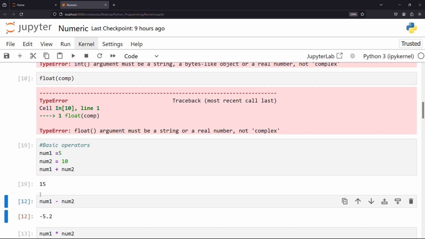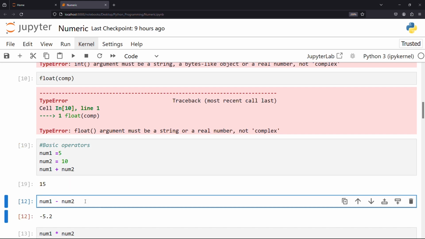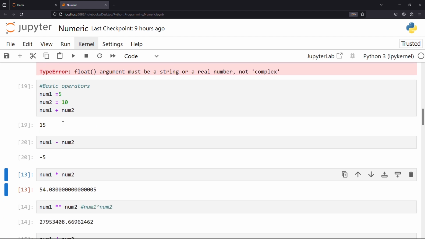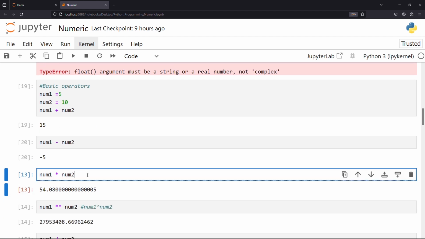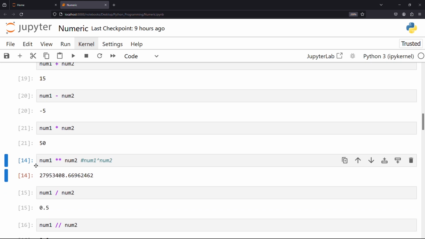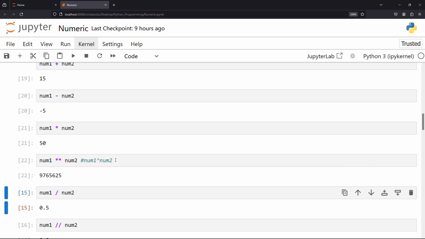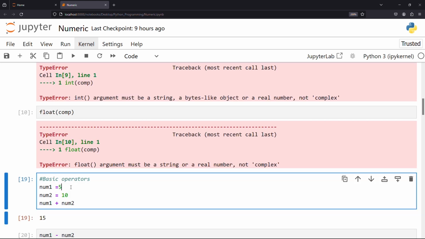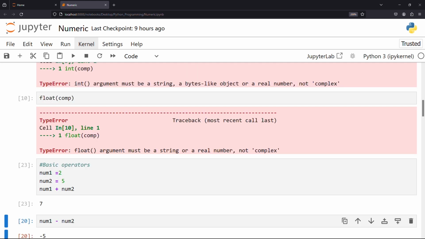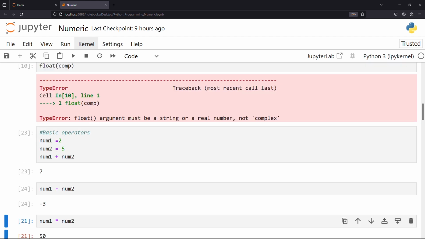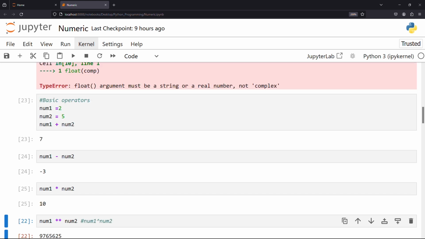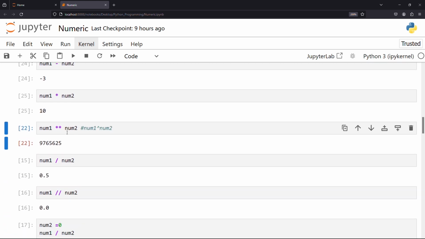It gives 15, then minus 5, and 50, and this is 5 power 10. Let's give small values to check whether it is power or not: 2 power 5. It should be 7, then minus 3, then 10, and 2 power 5 should be 32.